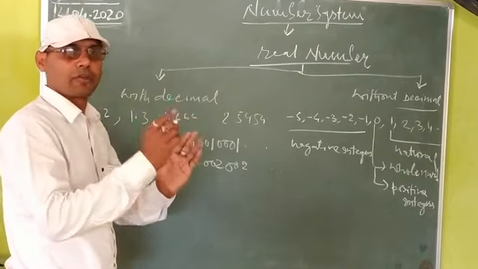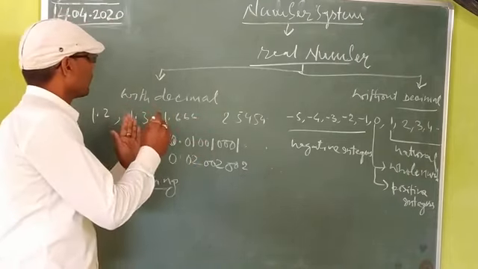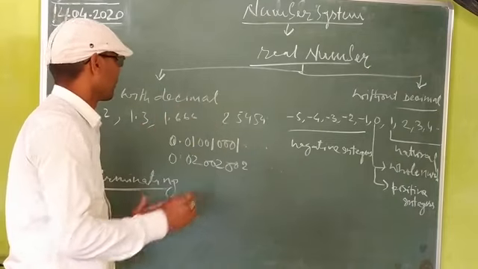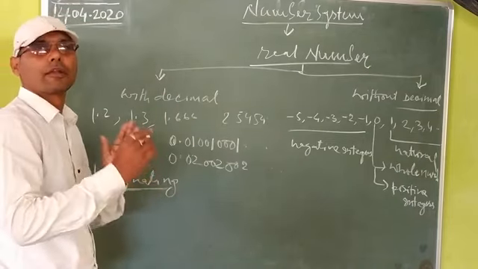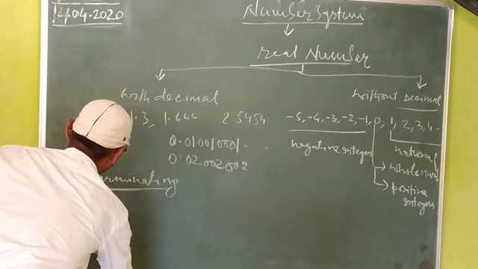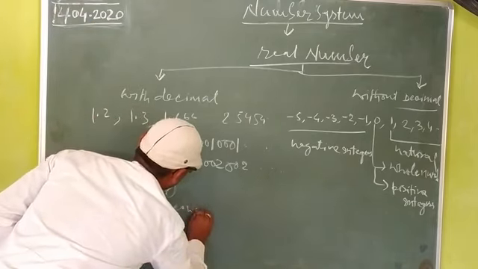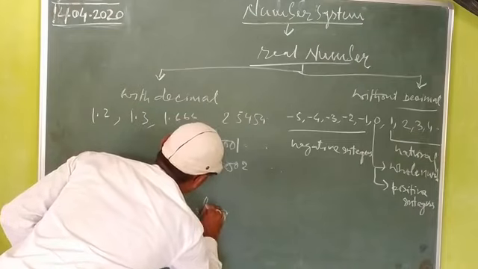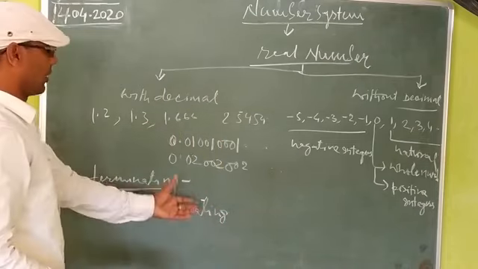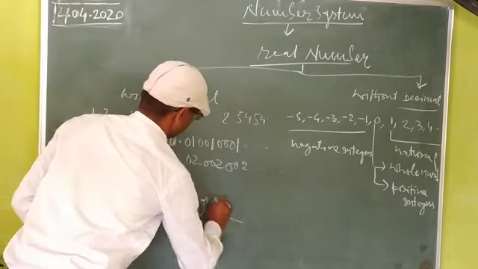After the decimal, some numbers are repeating. This is called non-terminating. Non-terminating. Okay, I am taking here digits.